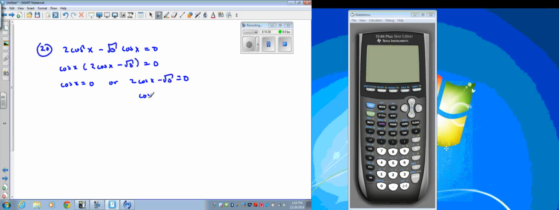So this one is cosine x equals square root of 3 over 2. So for 0 cosine x, it's going to be pi over 2 and 3 pi over 2. Everyone agree?